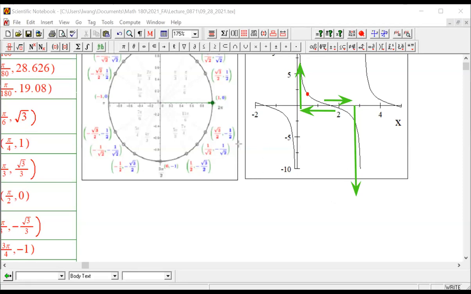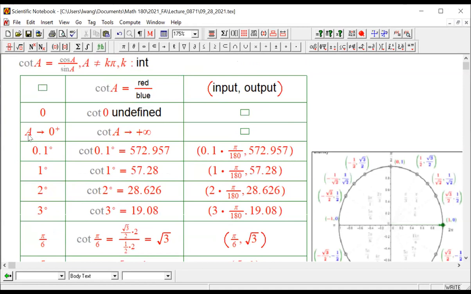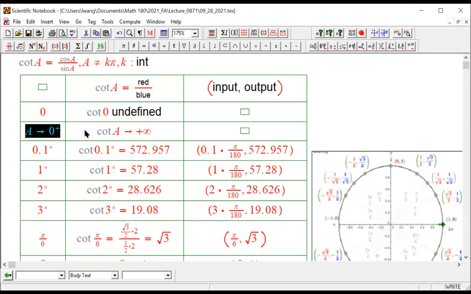So this observation in mathematics, we have just summarized in the table, right? And what is it? Well, let's do the zero first. When the angle approaches zero, never is zero, from larger than zero, cotangent approaches positive infinity.